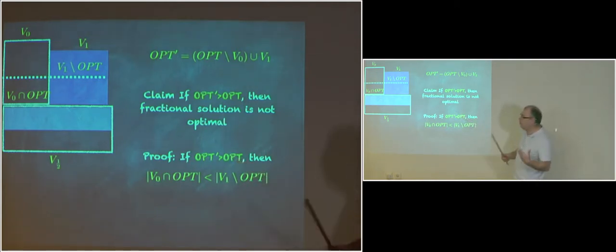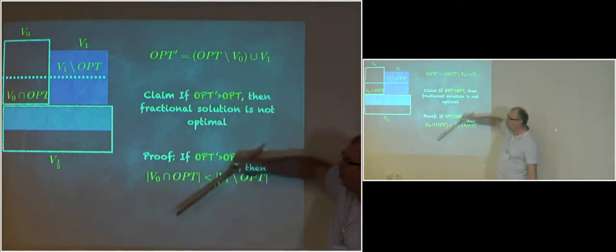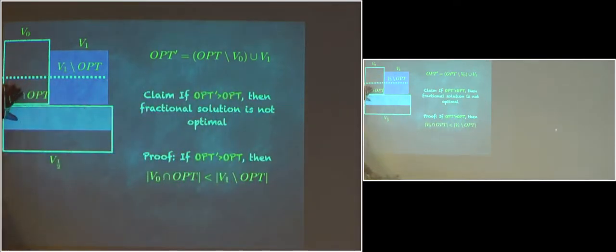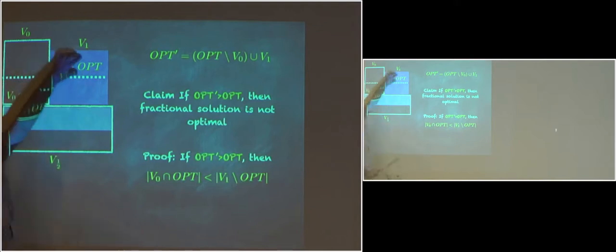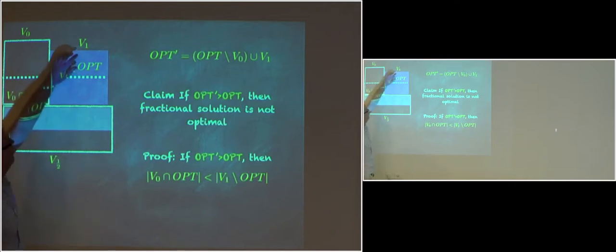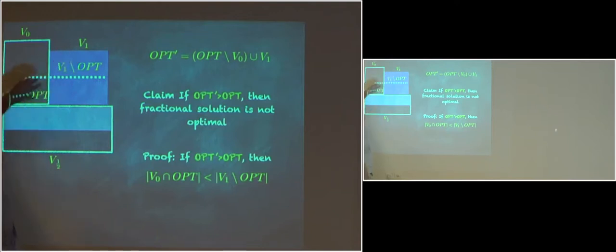What does it mean? This is the set opt, and this is the set opt prime. I remove these guys and I add these guys. So the number of guys I add should be larger than the number of guys I remove.